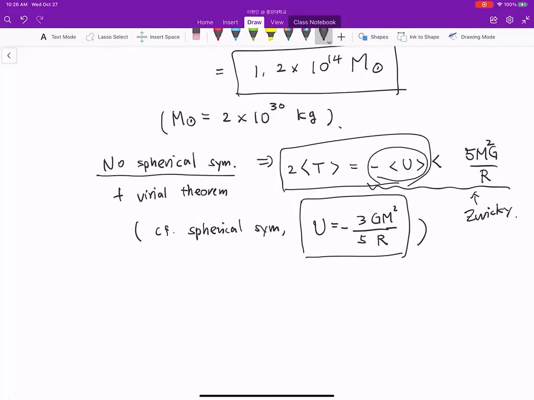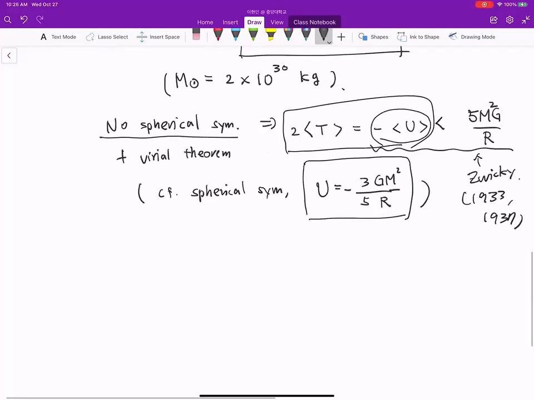It is fun to take a look at the details of Fritz Zwicky's paper in 1933, and also a paper in 1937. From there, the average kinetic energy will be just the sum of the kinetic energy of the individual galaxies.